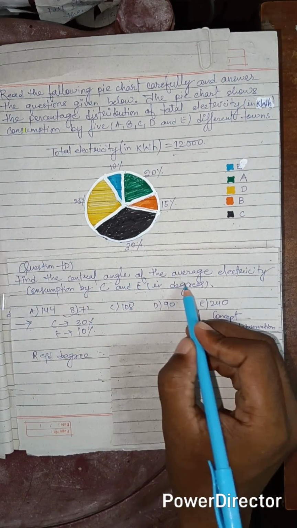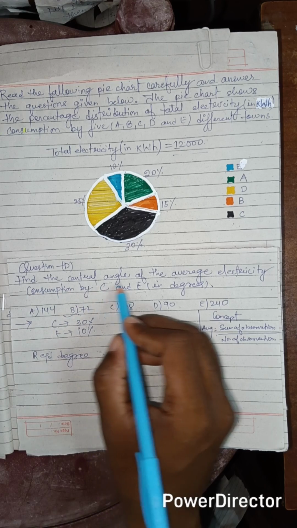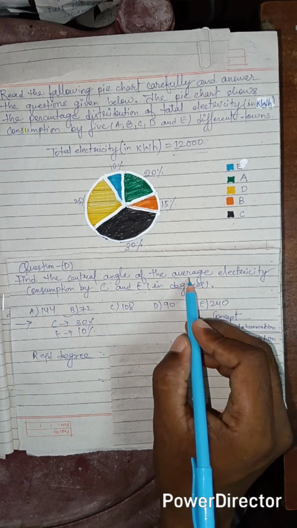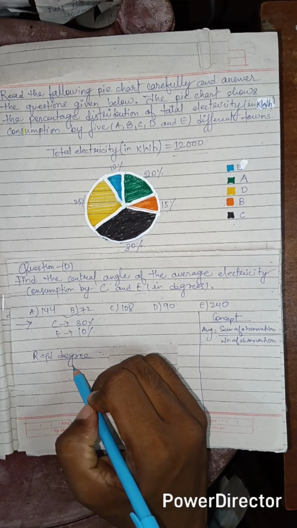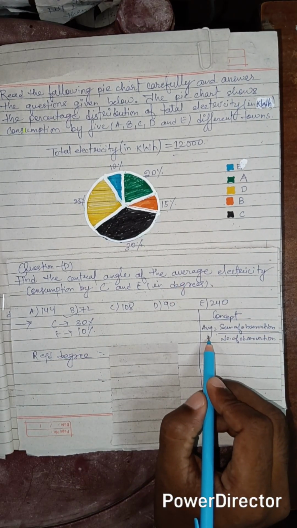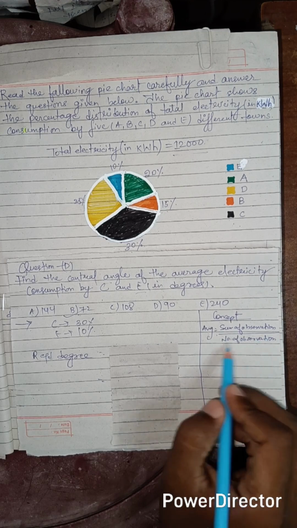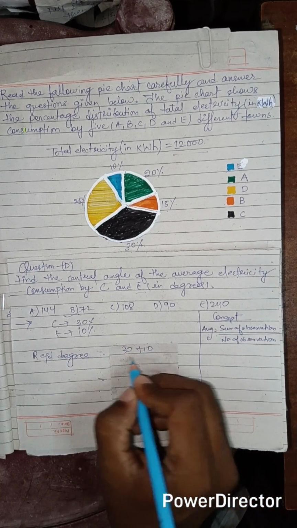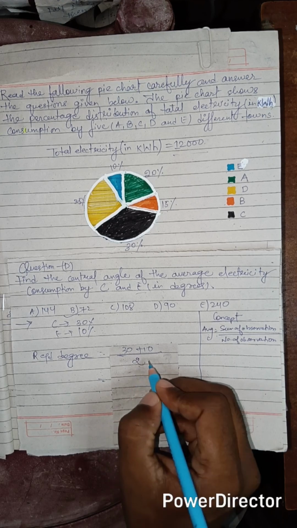The question says we have to find the central angle of the average electricity consumption by C and E in degrees. We know the concept of average: average is equal to the sum of observations divided by the number of observations. The sum of observations is 30 plus 10, divided by the number of observations, 2.